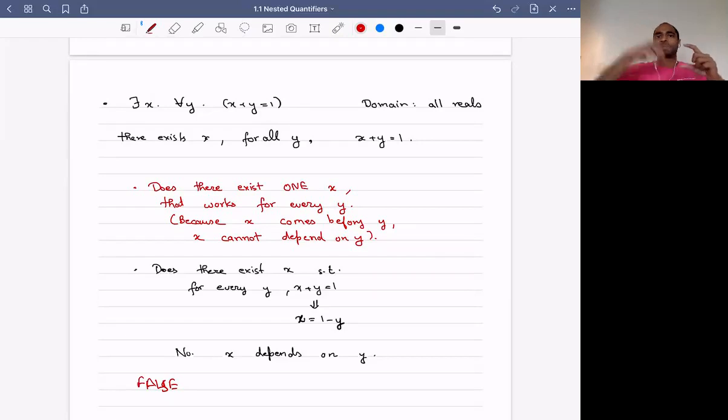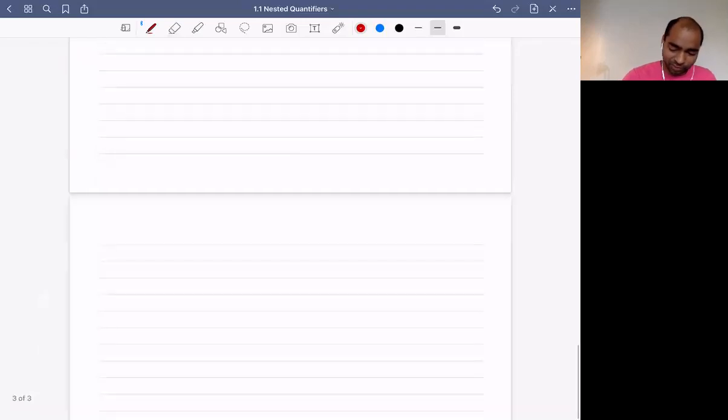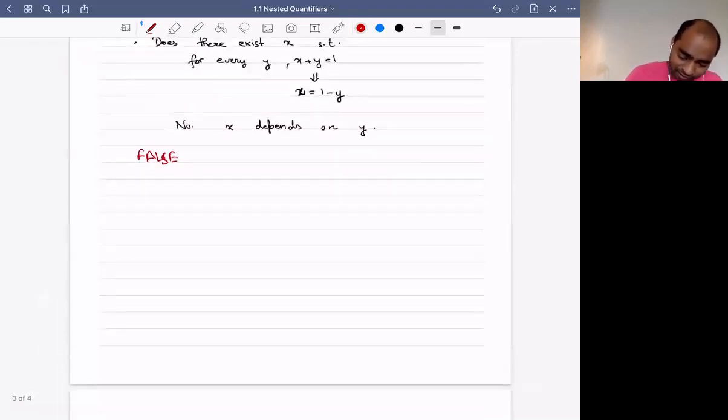But that x has to work for everything that comes after. You have to really stress your brain muscle to understand this. Let me do one more example of this. And it's okay if you don't get this the first time. This is hard. This is the hardest part of predicate logic, and in fact, the hardest part of most of elementary mathematics.